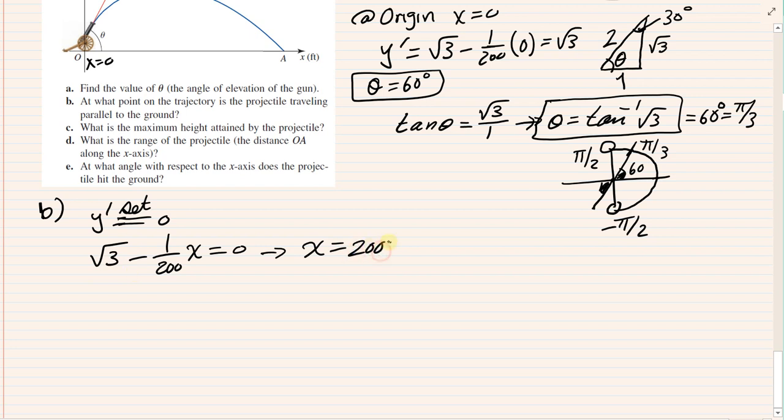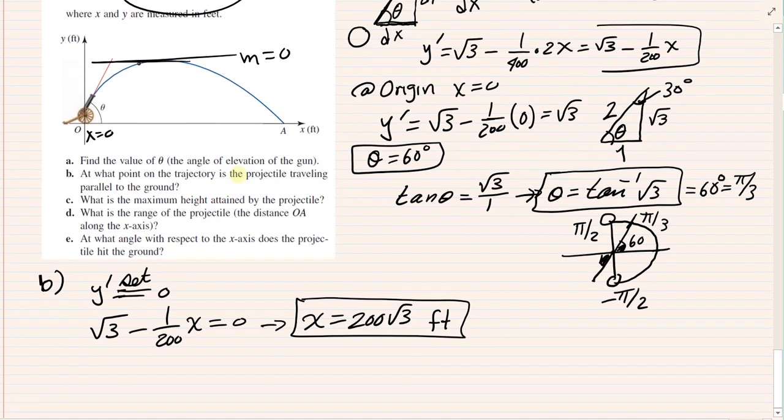We're going to get 200 root 3 feet. So there you have it. That means 200 root 3 feet out, so if I go on the graph, what we found is here.